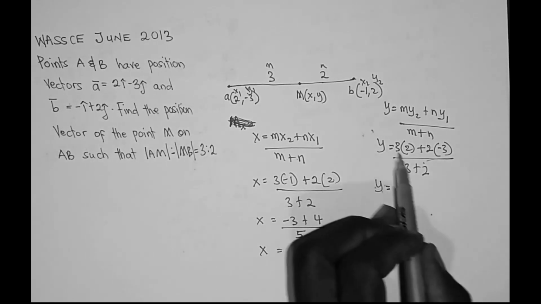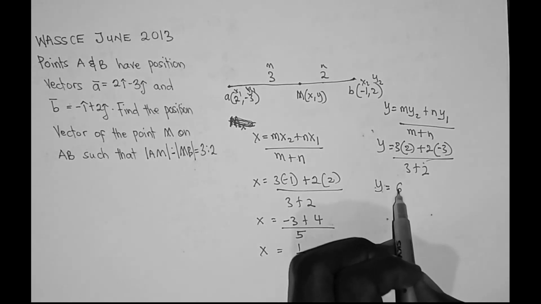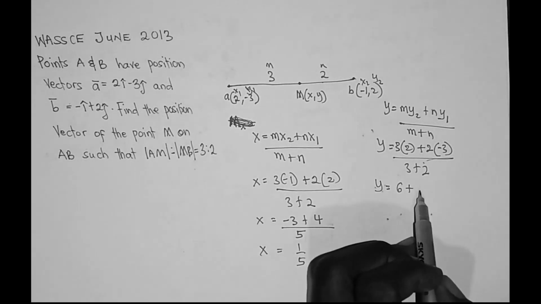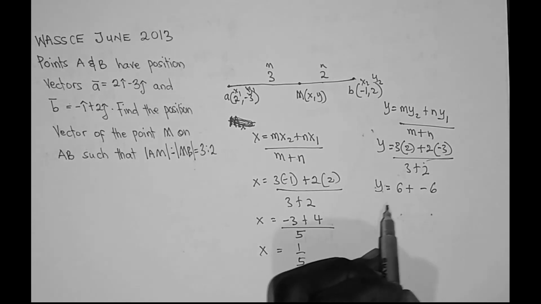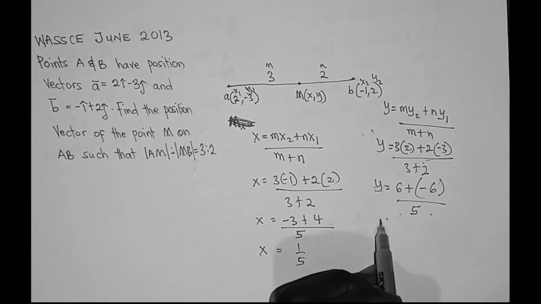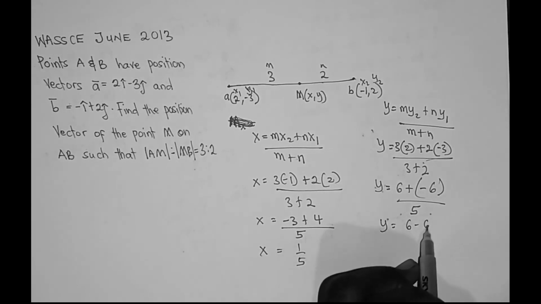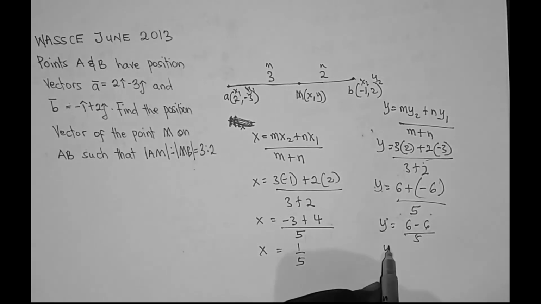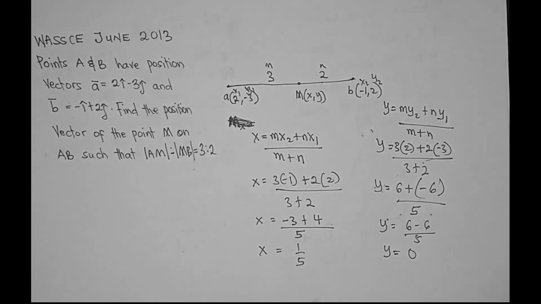So y is equal to 3 times 2 is 6 plus 2 times minus 3 is minus 6, divided by 3 plus 2 is 5. So y is equal to (6 minus 6) divided by 5. Therefore y is equal to 0.